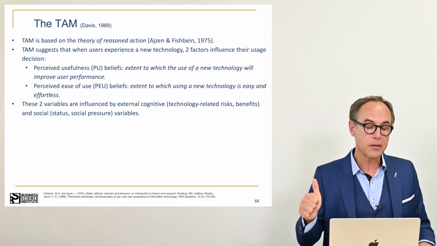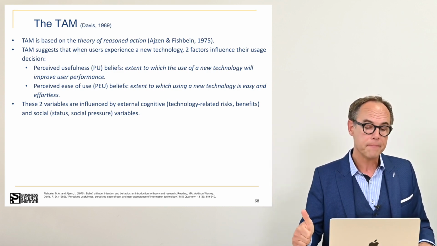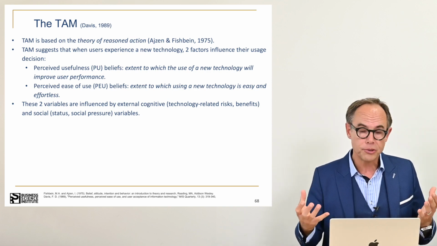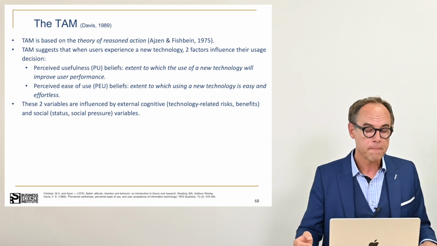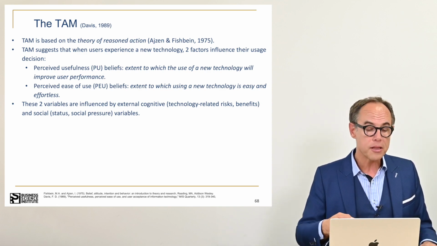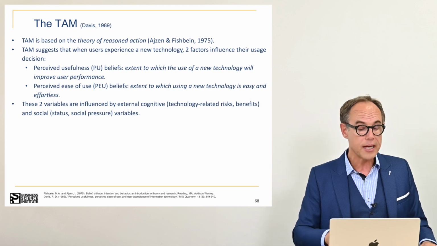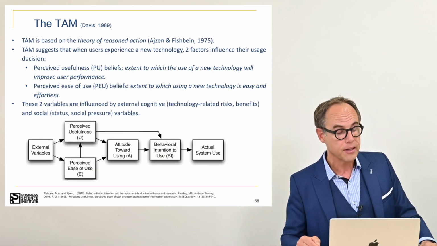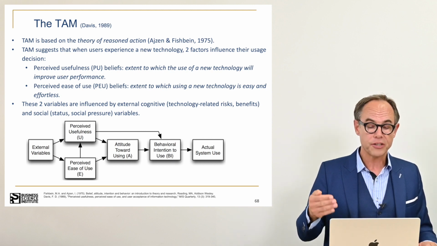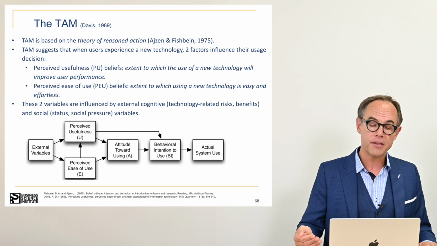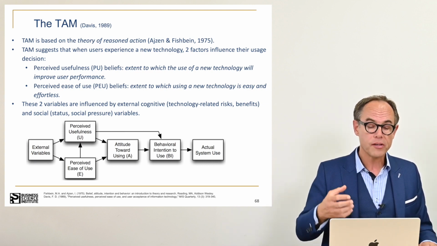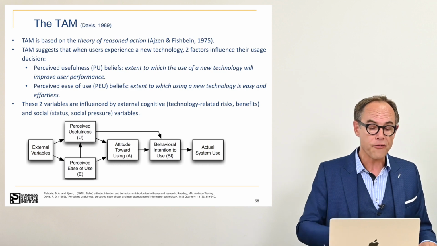First of all, there's the technology acceptance model, the basic TAM, developed in 1989 in the context of PC acceptance. It is based on the theory of reasoned action, but above all, it shows that there are 2 basic variables: perceived usefulness, the extent to which the use of a technology will improve user performance, and perceived ease of use, so ergonomy, the extent to which using a technology is easy and effortless.